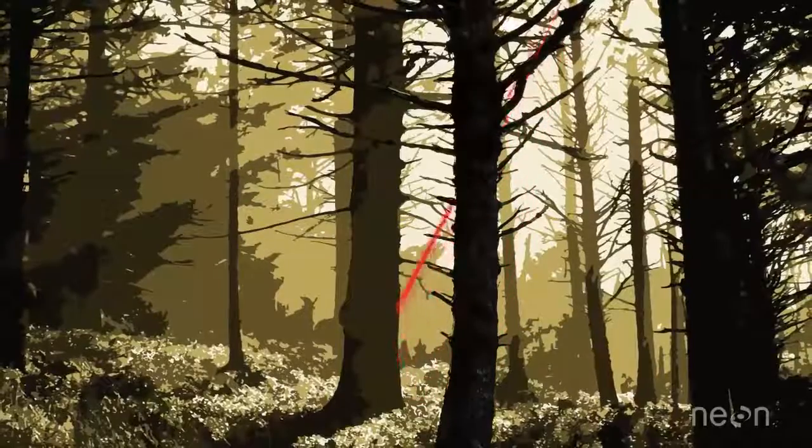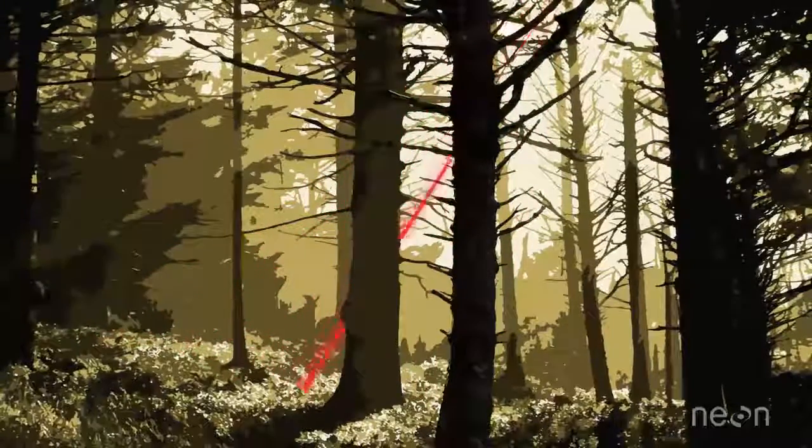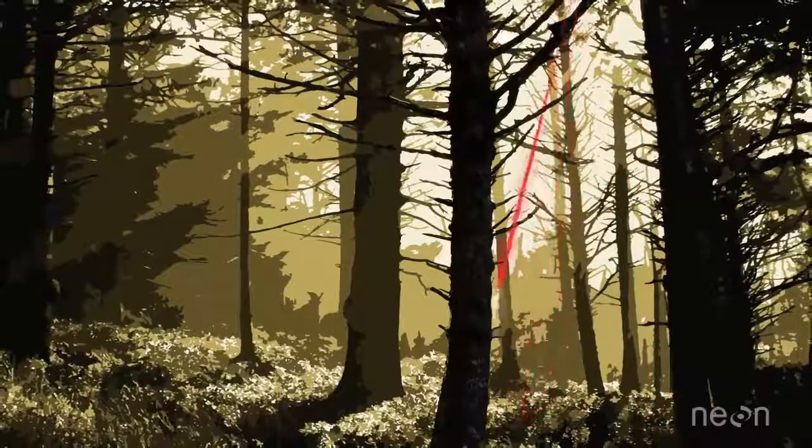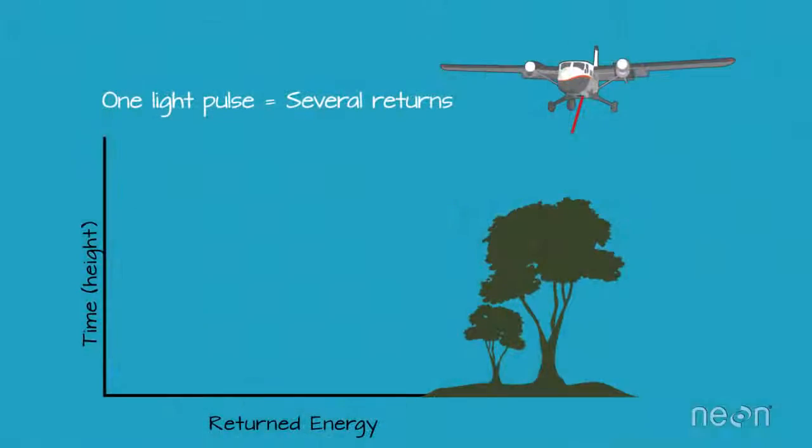So light energy that passes through the canopy reflects off of the branches and leaves within the canopy. This ability of a LiDAR system to travel through and record information starting from the top of the canopy, through the canopy and all the way to the ground makes LiDAR systems unique and highly valuable to scientists studying trees.